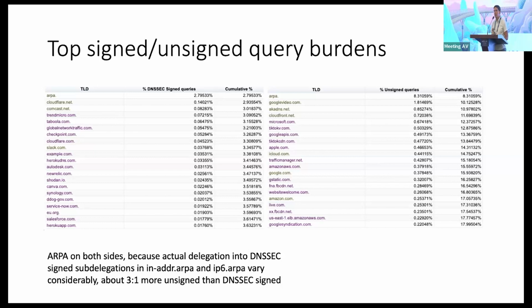If you look at the queries that generate responses that are DNSSEC signed, it turns out that of the tiny amount that are, the vast majority are actually under ARPA, and in particular IP6.ARPA and IN-ADDR.ARPA. That's because the RIRs have traditionally taken to signing the reverse delegations, which they handle for the IP resources that they have allocated. That seems to be the vast majority of queries that are covered by DNSSEC.